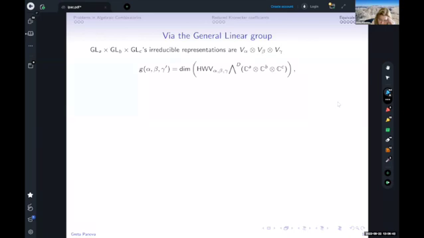So the Kronecker coefficients are the dimension of the highest weight vector space of weights alpha, beta, and gamma in this wedge product of this tensor product. So here we have three general linear groups, A, B, and C. And what is D? D is going to be the size of our partitions.